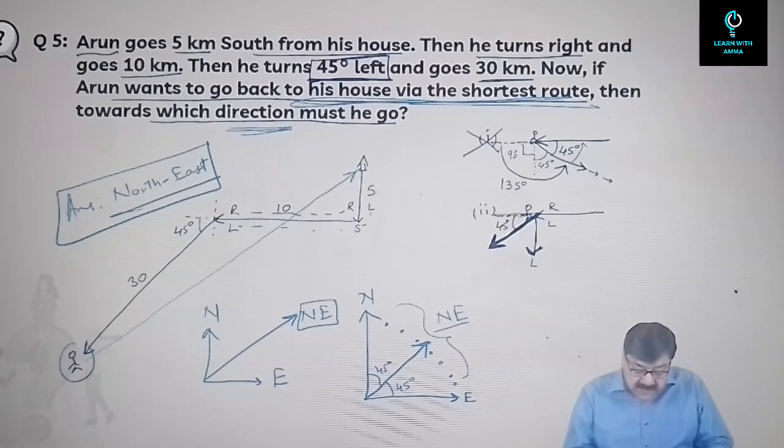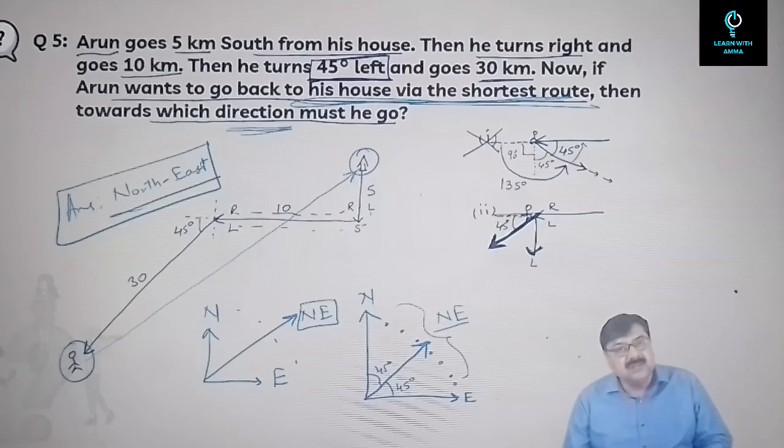But if you need to find out in which direction the person has to move or in which direction is his house from his final position, then any point between north and east is going to be northeast direction.